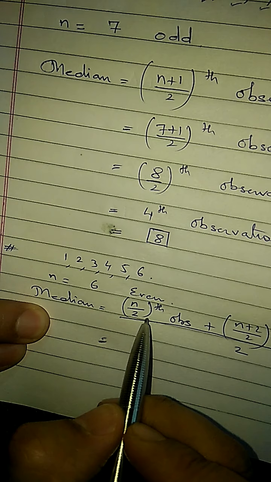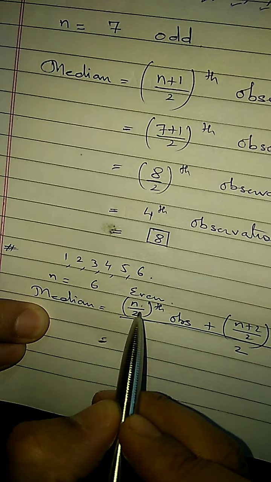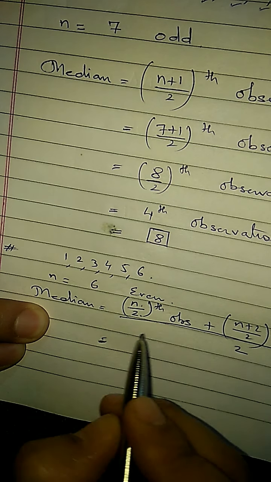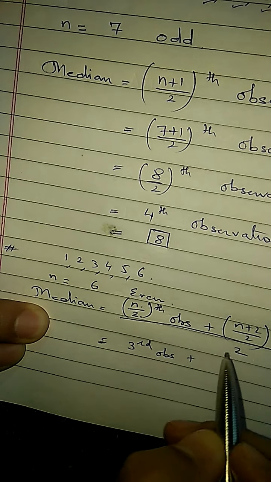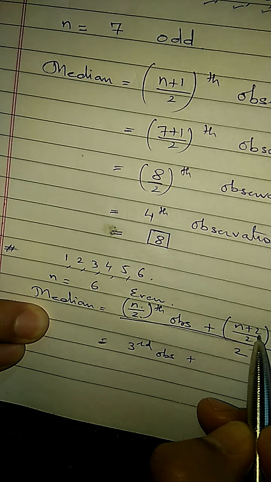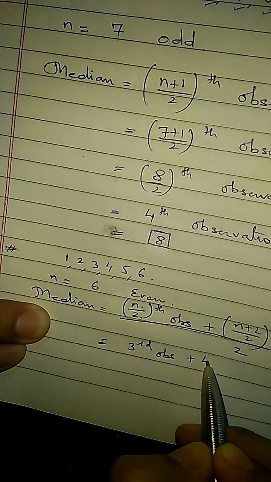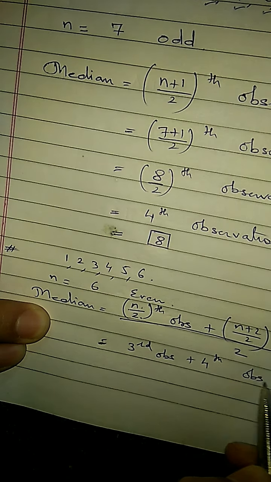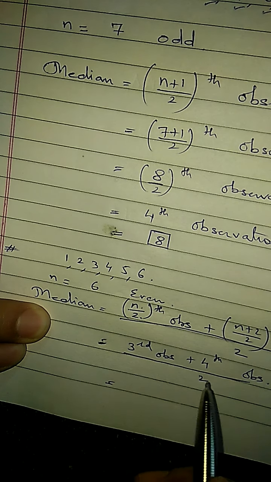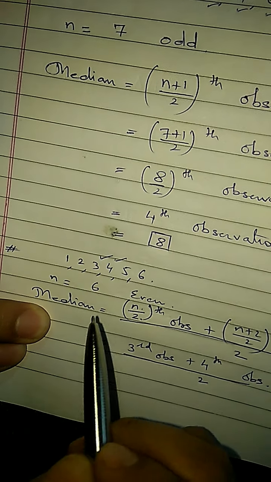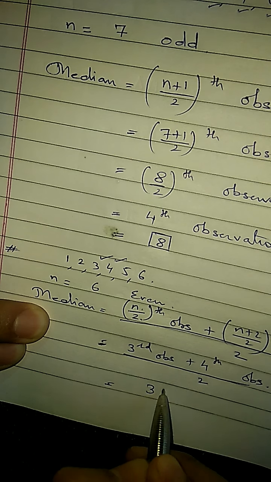Now in this case the value of n is 6. So 6 divided by 2 is the 3rd observation, plus 6 plus 2 is 8, and 8 divided by 2 is the 4th observation, whole divided by 2. Now what are the third and the fourth observations? Clearly, the third and fourth observations are 3 and 4.